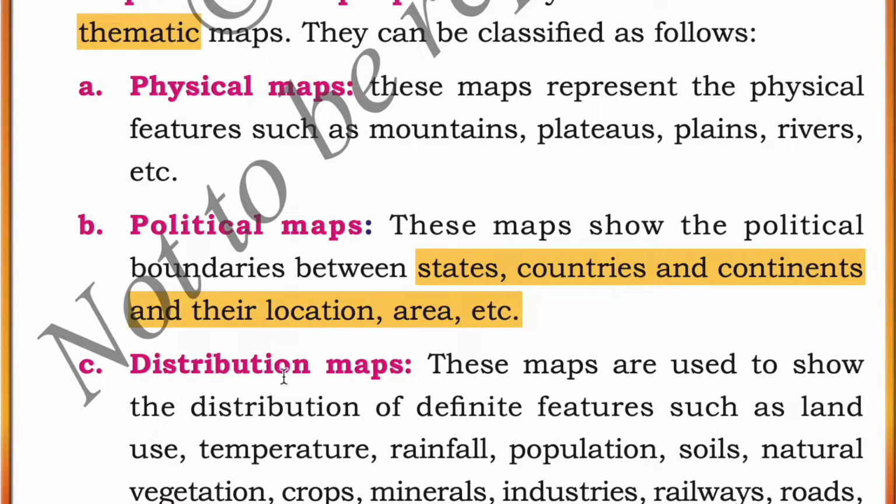There's another kind of map, that is the distribution map.